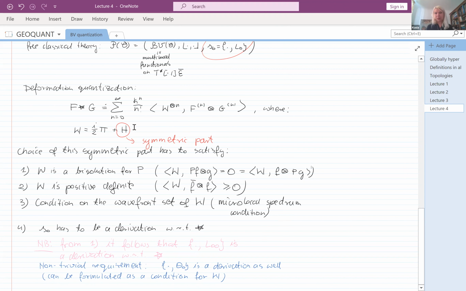You can view it this way. So choosing a different ordering prescription would change this W and would lead to an equivalent star product. That information is included in W, right? Yes. Thank you.